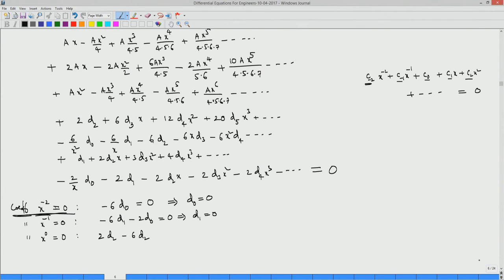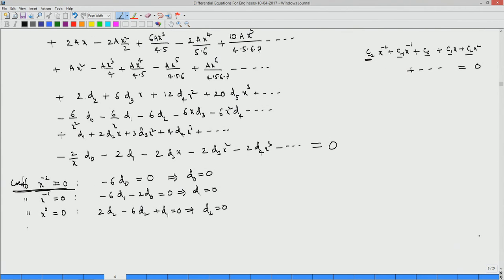I have 6d2, 2d2, 6d2, and I may not write anything here, so it's plus d1, which is already 0, equal to 0. So d1 is already 0, so minus 4 d2 is 0, and that will make d2 0.